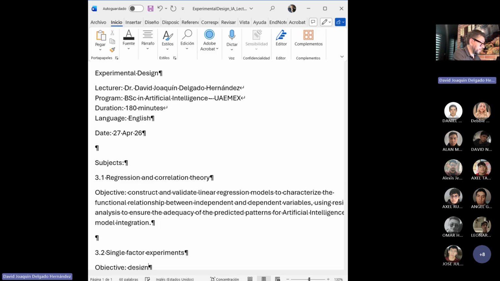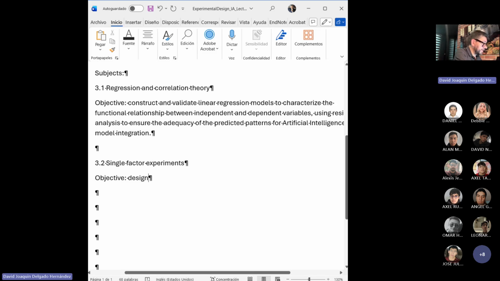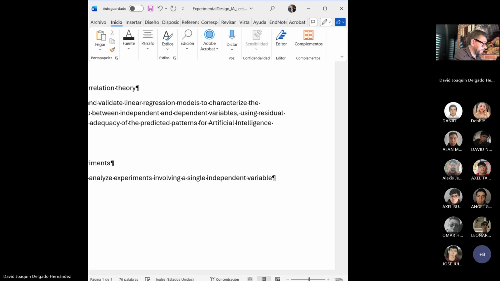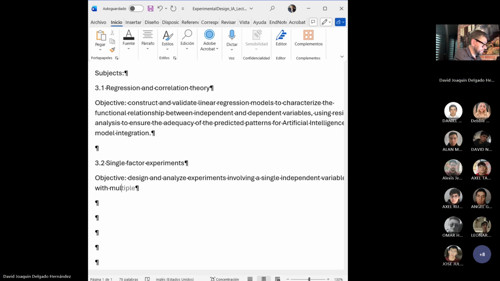Is to design and analyze experiments involving a single independent variable with multiple levels, utilizing analysis of variance, which acronym is ANOVA.